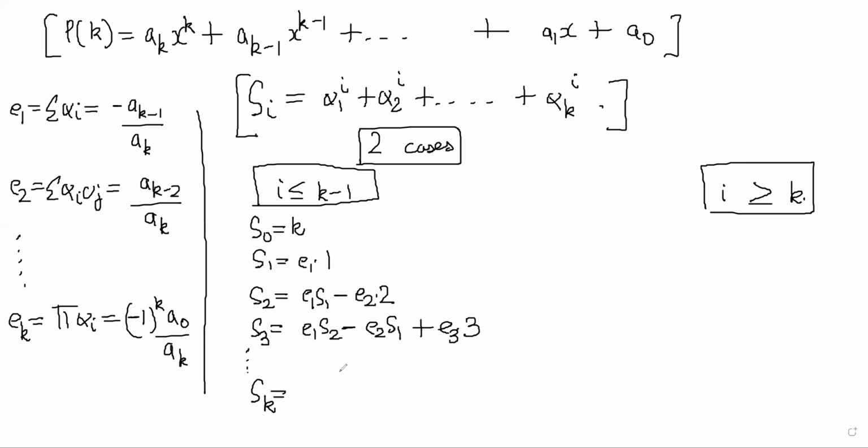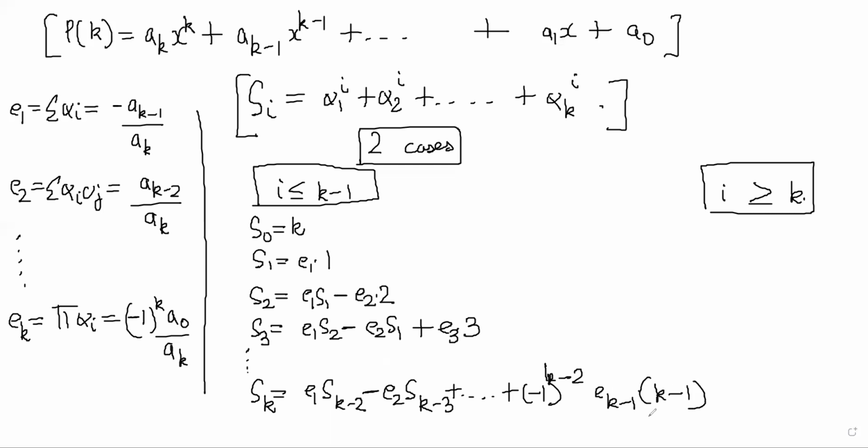Sk will be E1 S of k minus 2 minus E2 S of k minus 3 plus so on till minus 1 to the power k minus 2 Ek minus 1 into k minus 1. So this k minus 1 factor always comes when you are looking for small powers, when it is less than the degree, right? Degree minus 1.